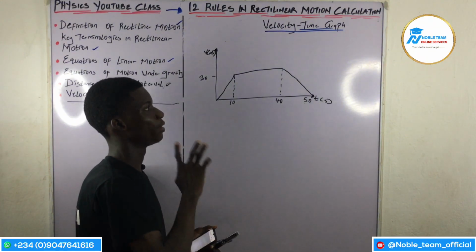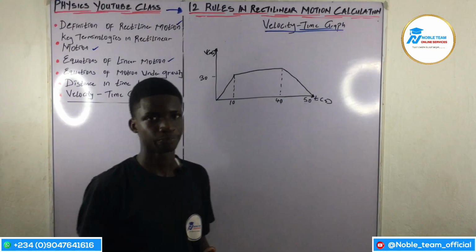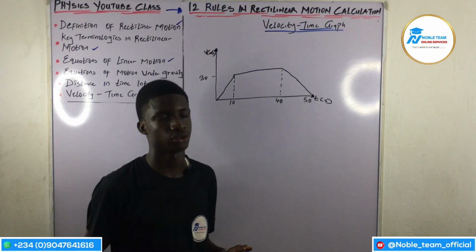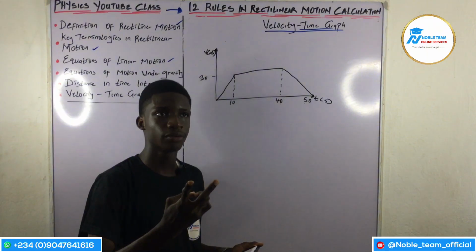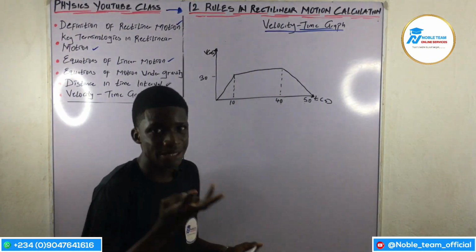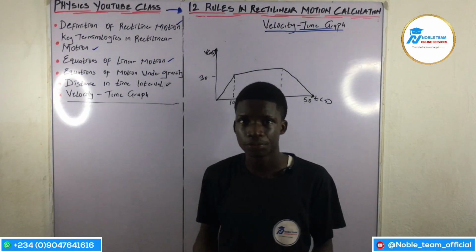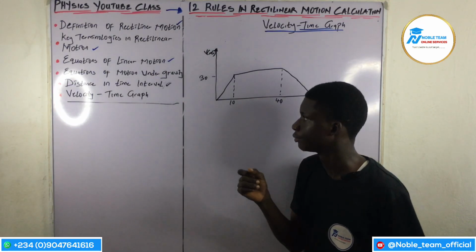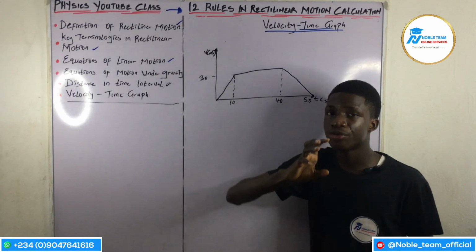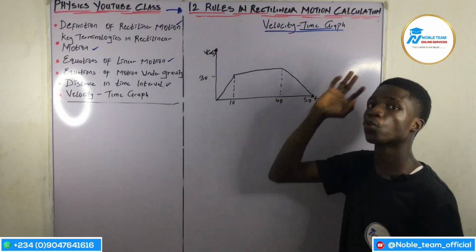Excuse me, I'm going to be explaining something here. You need to pay maximum attention. Remember when I said that we have three shapes in a VT graph: the triangle, the trapezoid, and the rectangle. Now, you know I can use the trapezoid to solve for these ones.